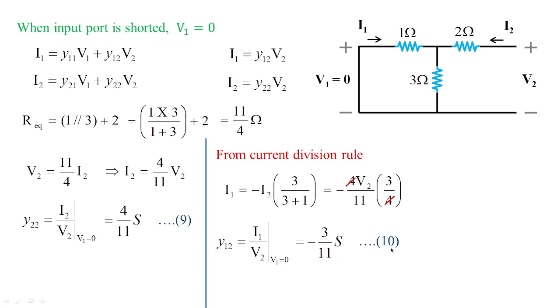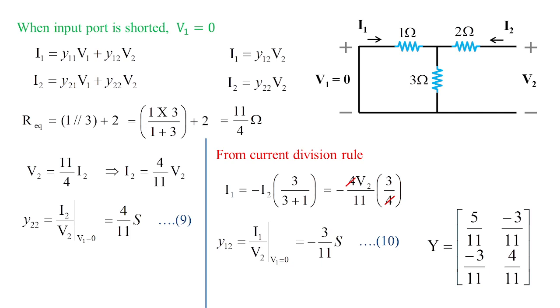And this we are treating as equation 10. So from equation 7, equation 8, equation 9 and 10, we are going to obtain the Y parameters, which is equal to 5 by 11, minus 3 by 11, minus 3 by 11 and 4 by 11. Now this output that we got using the admittance parameters is quite similar to the shortcut technique that we employed in order to obtain Y parameters from Z parameters.